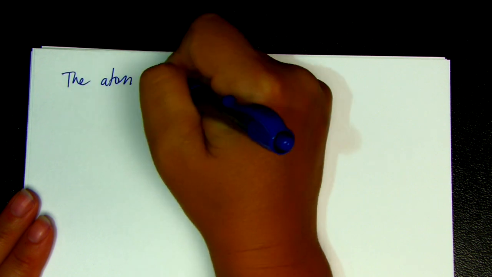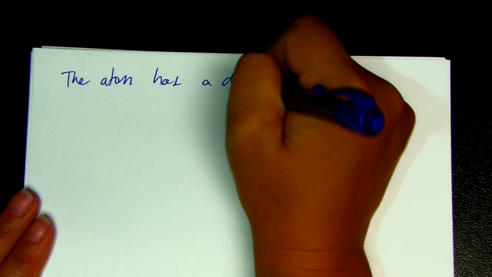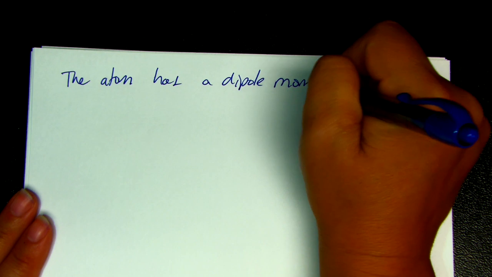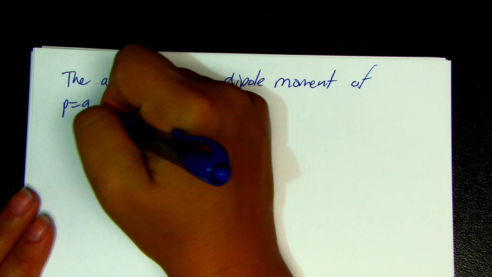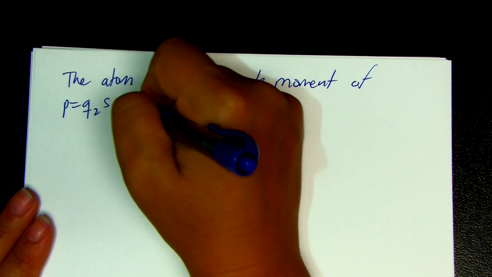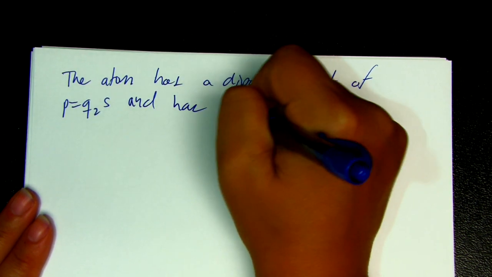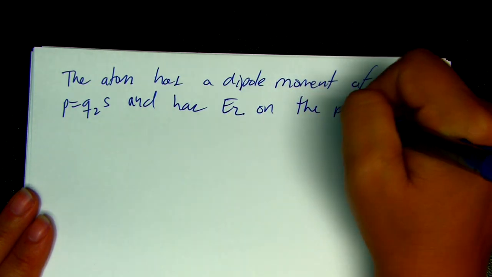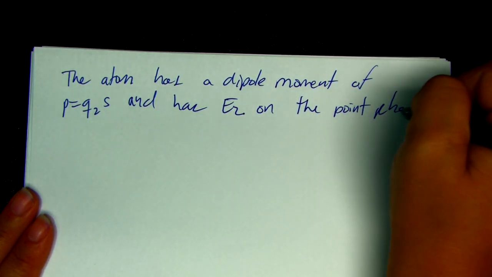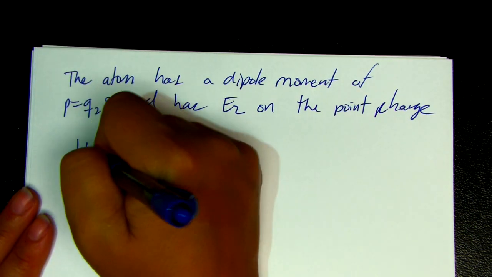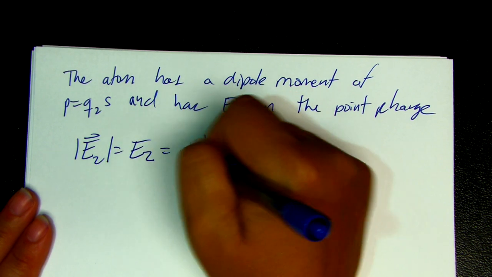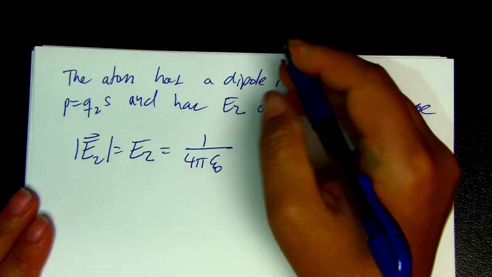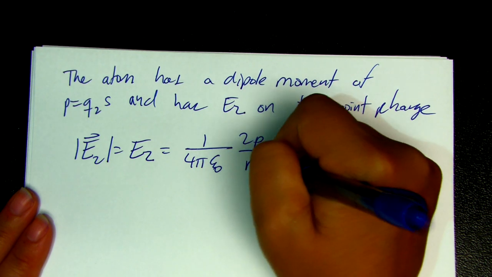The atom has a dipole moment of p equals q 2s, and has E2 on the point charge. And so E2 is equal to 1 over 4 pi epsilon naught 2p over r cubed.